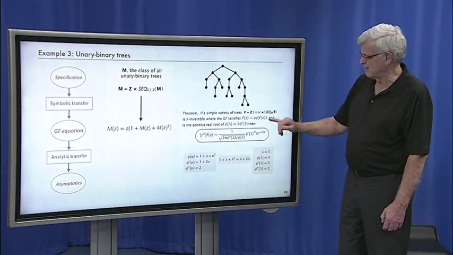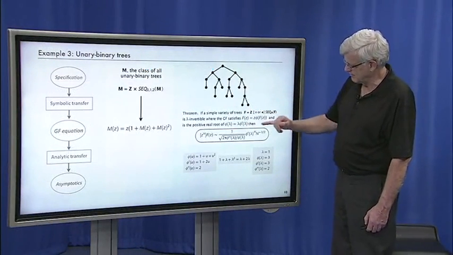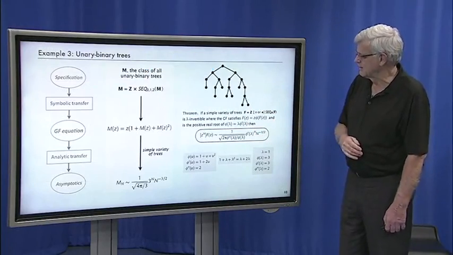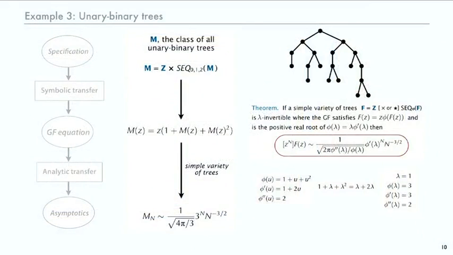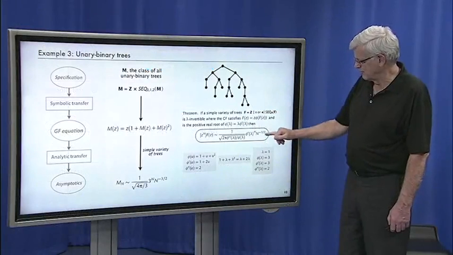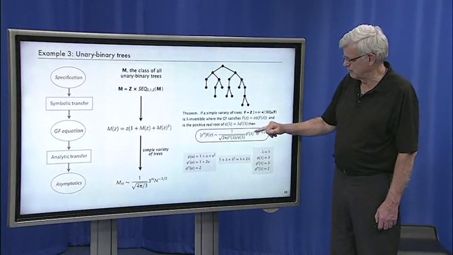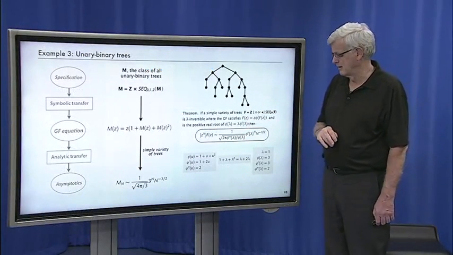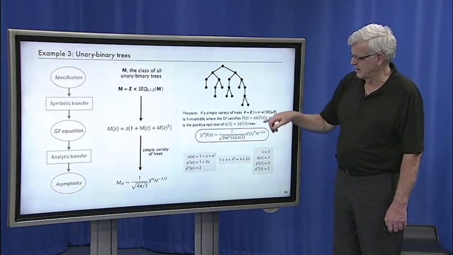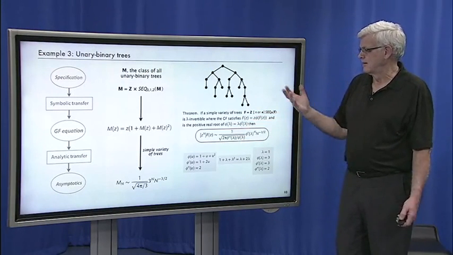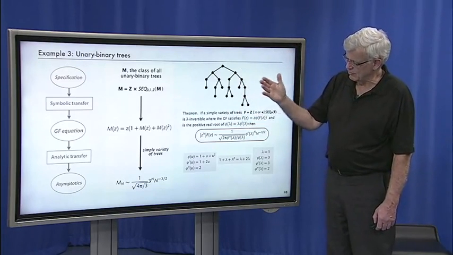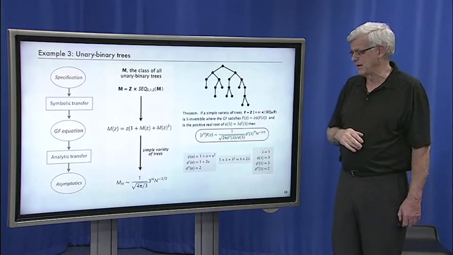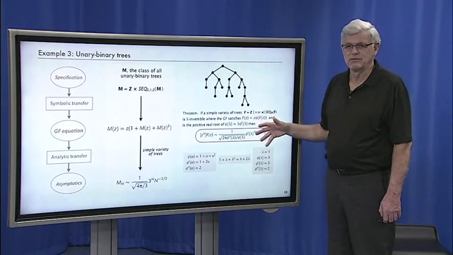So phi prime is 3, so that means 3 to the n is the exponential growth, and this time the constant turns out to be square root of 3 over 4 pi, times n to the 3 halves. So all simple varieties of trees are going to have n to the 3 halves. They're going to have exponential growth, and the difference is what's the factor and what's the constant. Again, straight from the spec to the generating function equation to the coefficient asymptotics without anything in between.